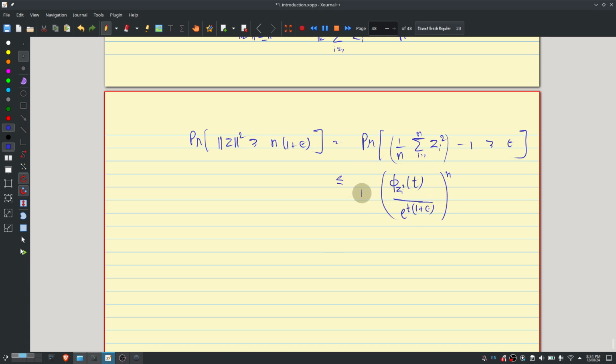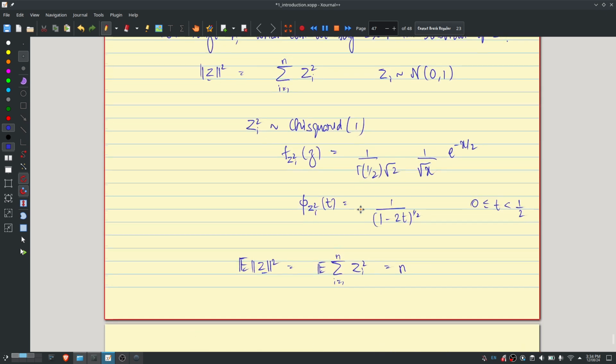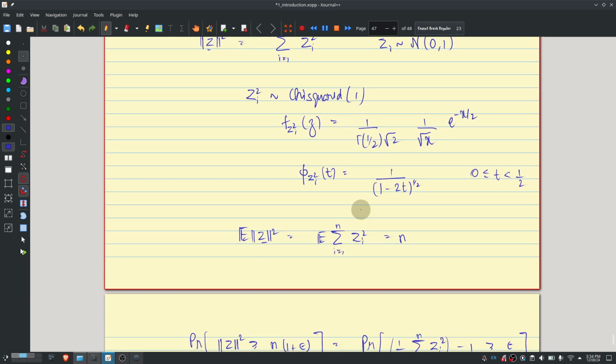So what is this particular quantity going to be? In fact, this is less than or equal to the infimum over all t less than half of this. What will be greater than... Can you speak up? What will be greater than... we didn't define it. So the moment generating function is defined only for t less than half.